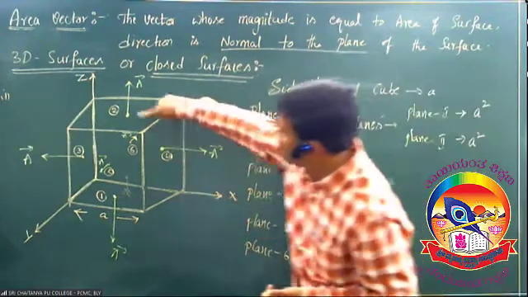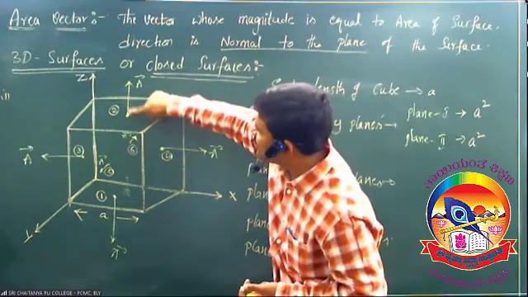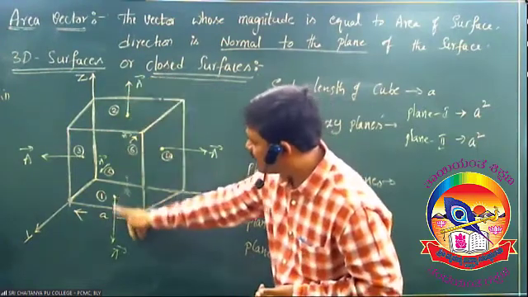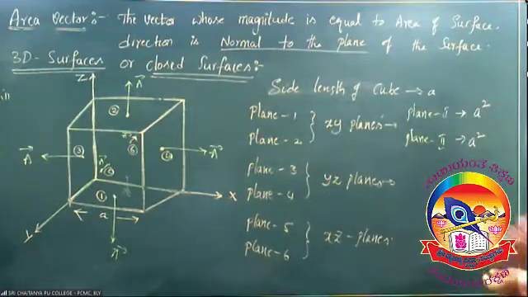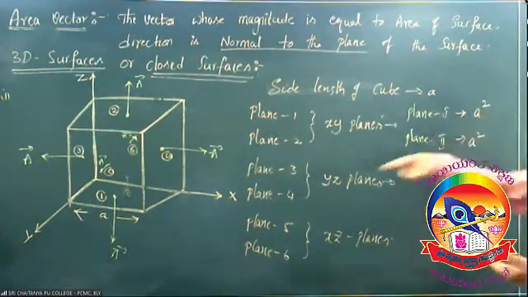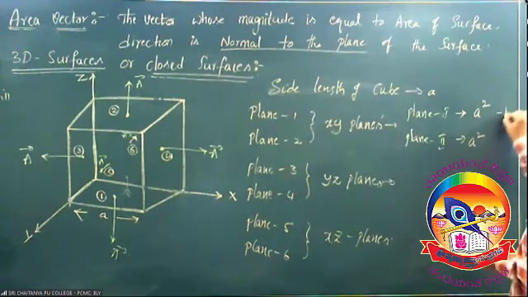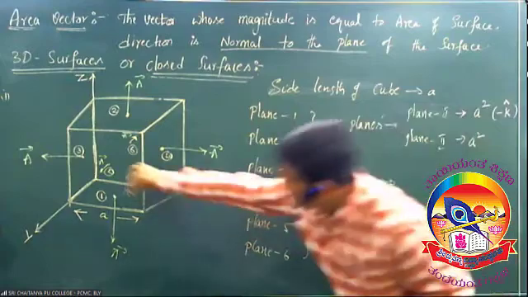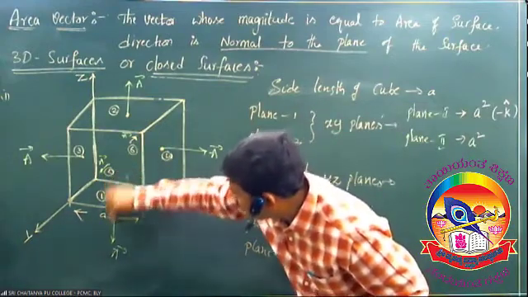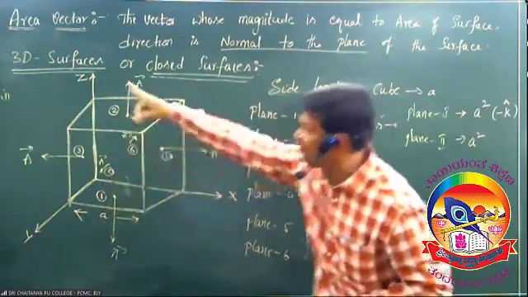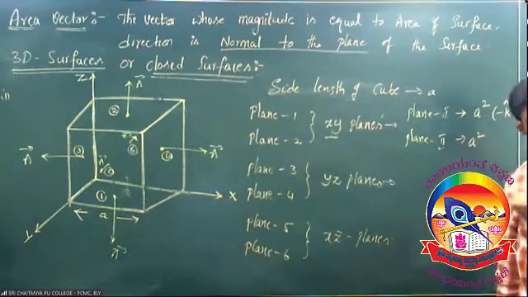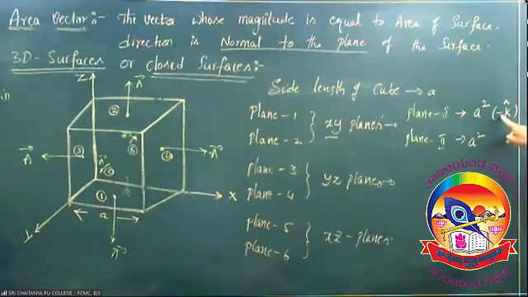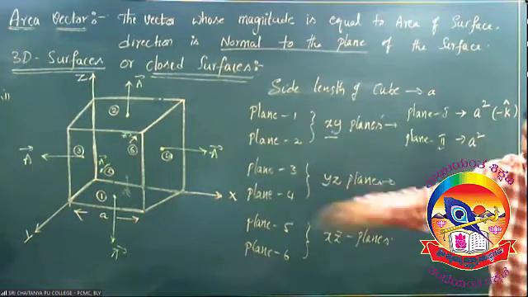For this upper one, this is the direction, and for the lower one, this. Plane 1 is minus k cap. Is it okay? Normal outward. As it is xy plane, another axis, z axis, unit vector, minus k because it is downward.